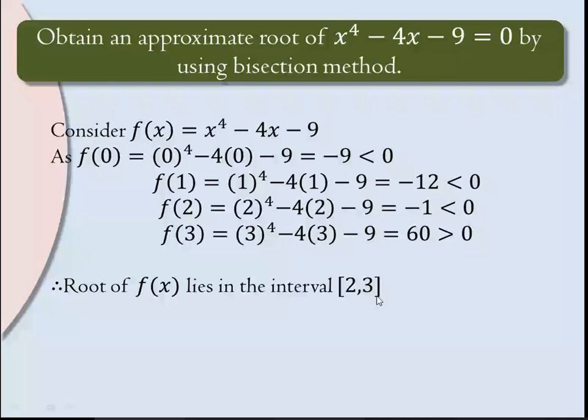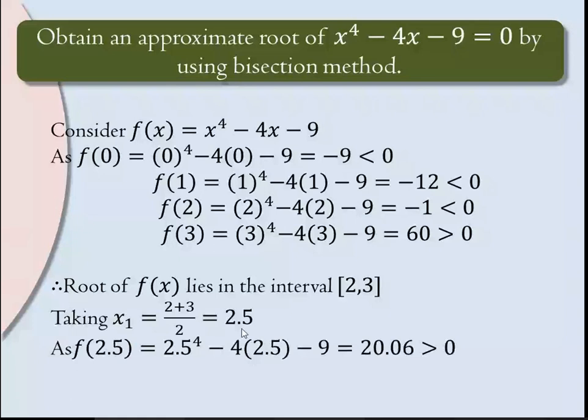Taking x1 as (2 plus 3) by 2, that is 2.5. Now find the value of f of x at 2.5. f of 2.5 is 2.5 raised to 4 minus 4 into 2.5 minus 9, that will be 20.06, which is positive.